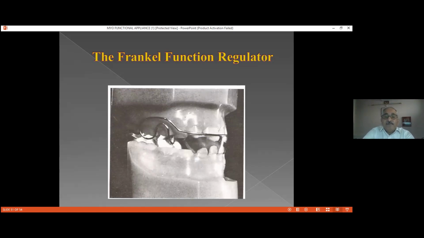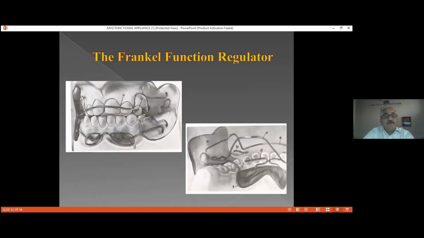Apart from bringing the sagittal correction, it brings about the transverse correction by means of these buccal pads.